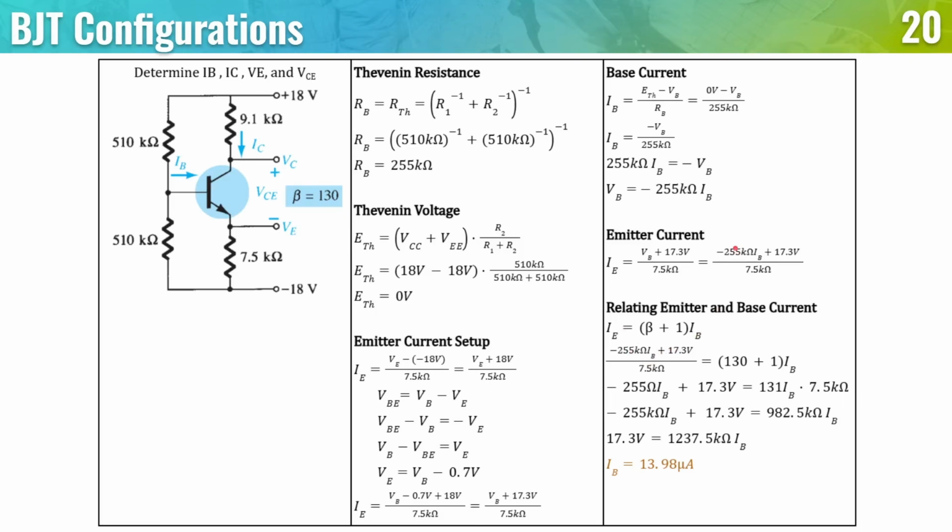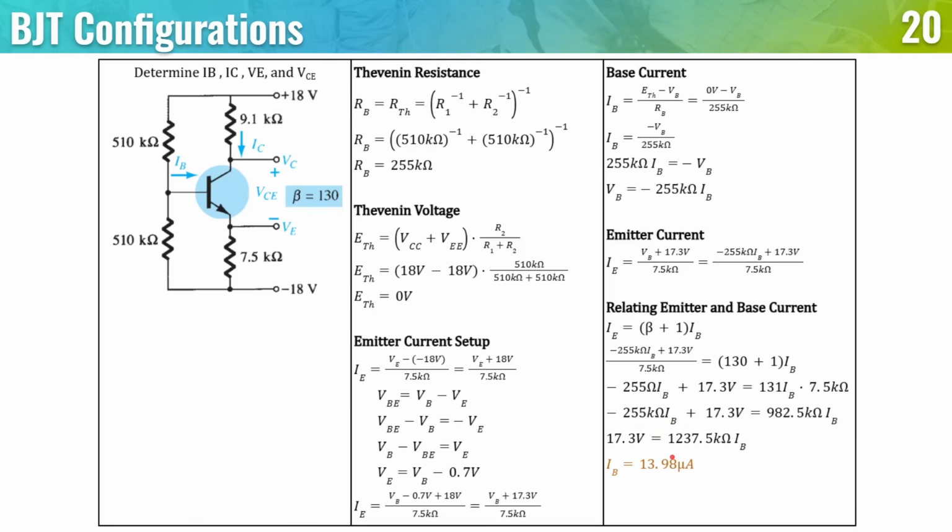So beta is 130 as given here, plus 1, multiplied by the value of IB. Now since we're trying to solve for IB, this will be our variable. So you can treat it like an x in algebra. So first multiply both sides by 7.5, and then you get this equation.